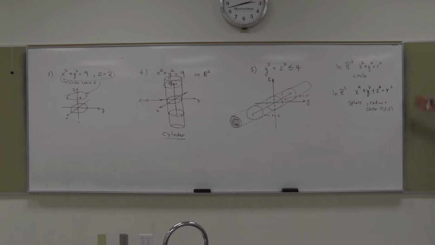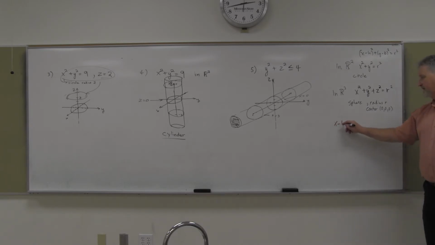Well, I can shift these circles too, can't I? Here, if I shift the circles, (x minus h) squared plus (y minus k) squared equals r squared is how we usually write that. And so the center there is h comma k. Well, we can do the same thing with the three-dimensional sphere.